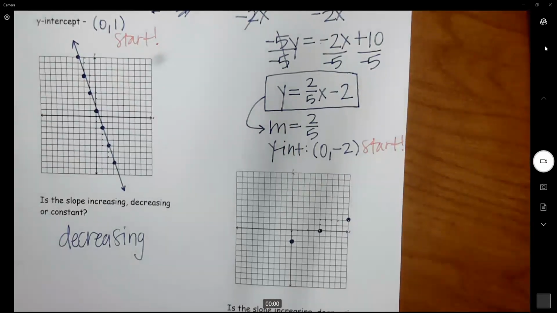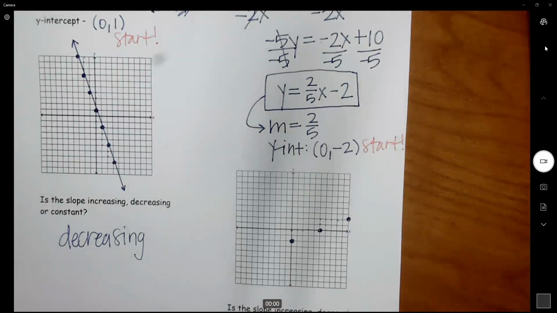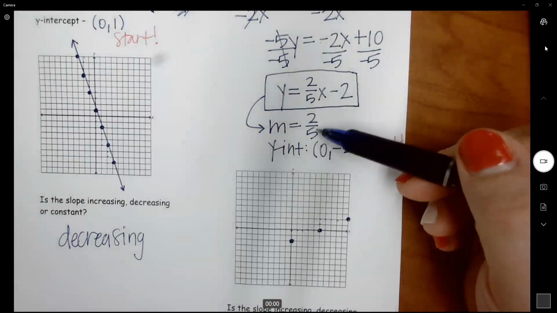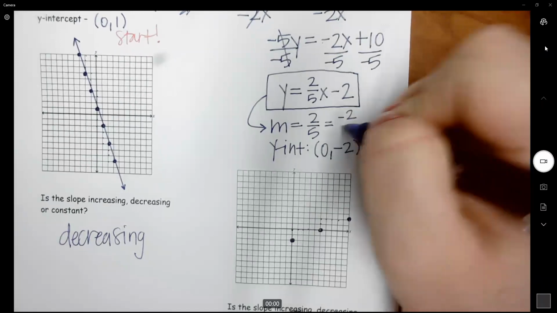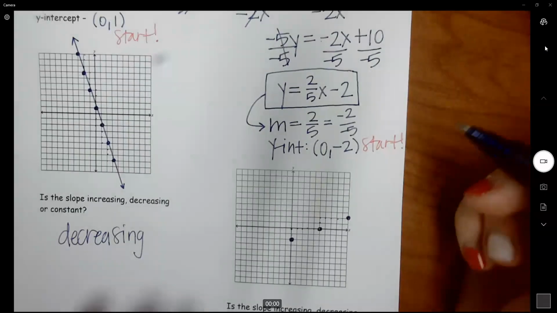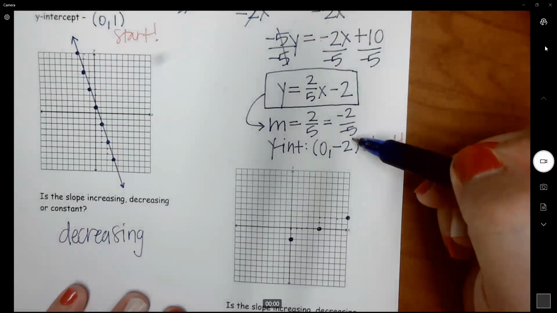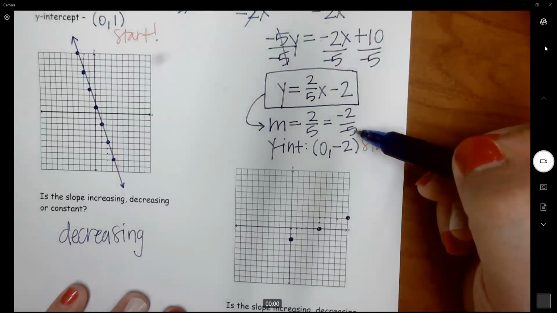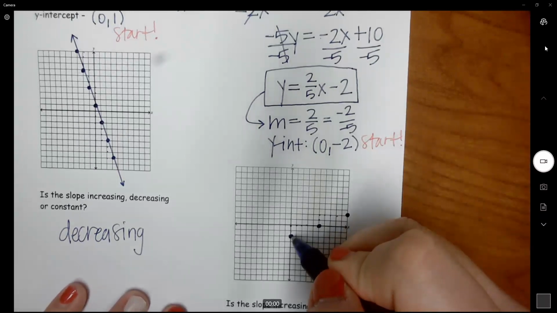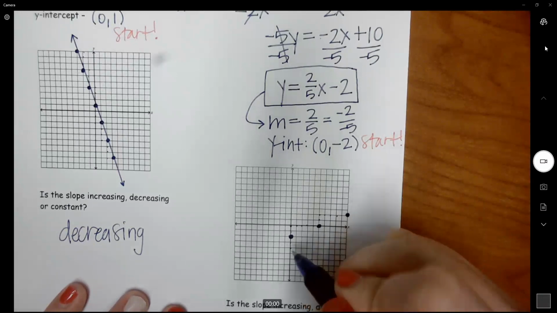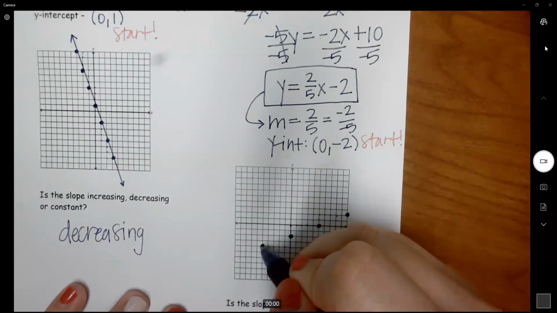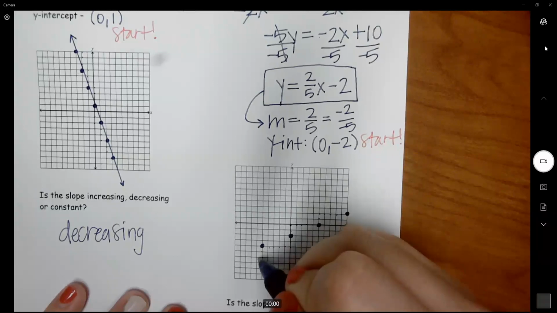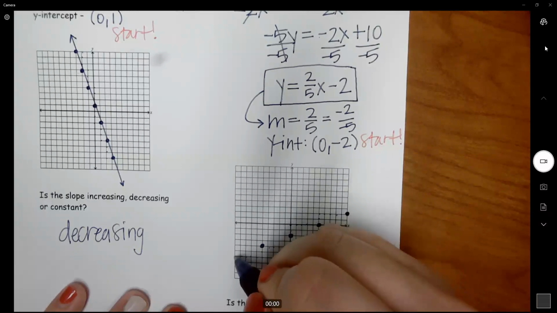How could I go in the opposite direction? Well, 2 over 5 is the same as what? -2 over -5. So it means I can go down 2 and run a -5. So I could go from this point down 1, 2, run 1, 2, 3, 4, 5. Down 1, 2, run 1, 2, 3, 4, 5.